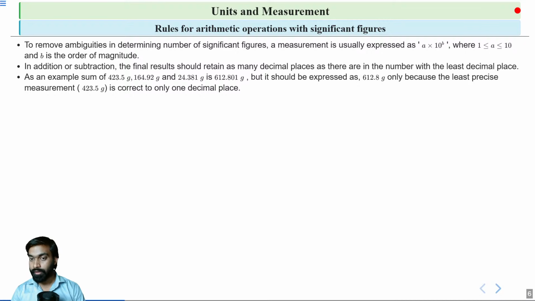Therefore, your final answer should also be to one decimal place. The total sum is 612.801 g. Rounding this to one decimal place, the answer will be 612.8 g. Therefore, 612.8 g is the correct answer.